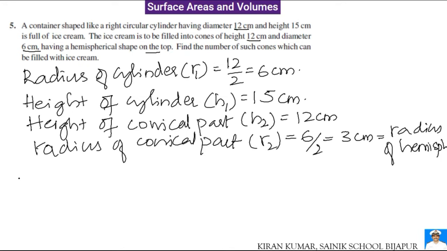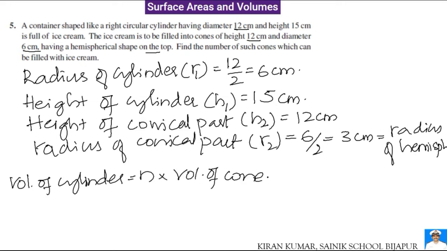Let me consider the number of ice cream cones as n. So volume of cylinder will be equal to number of cones multiplied by the volume of cone added to the volume of hemisphere. What is the volume of a cylinder?